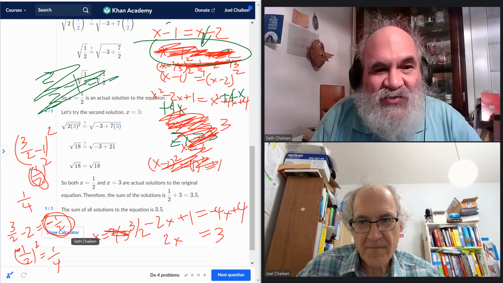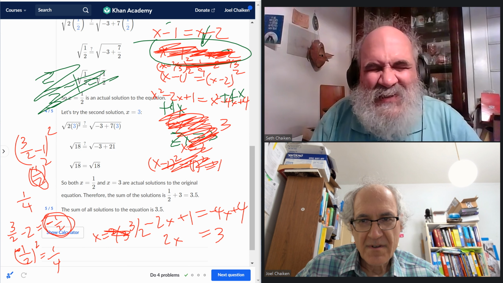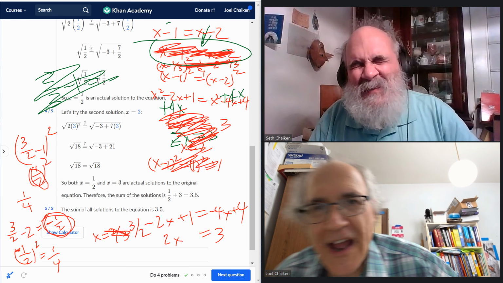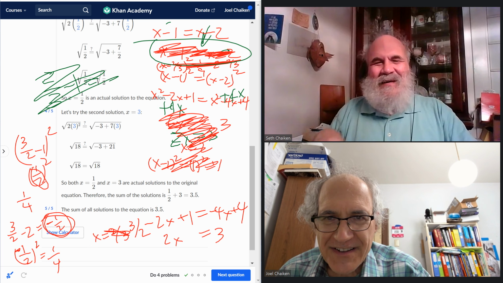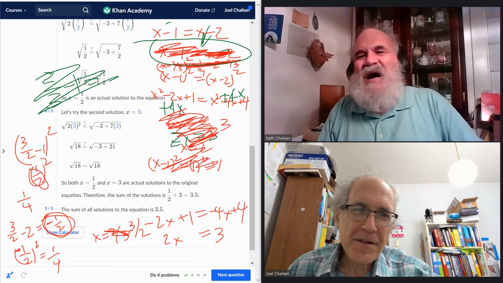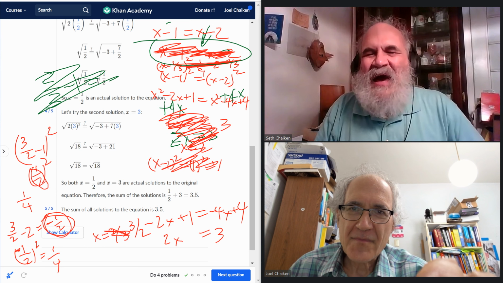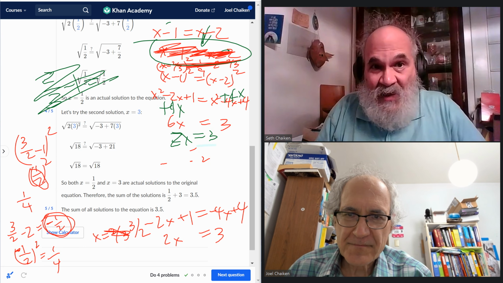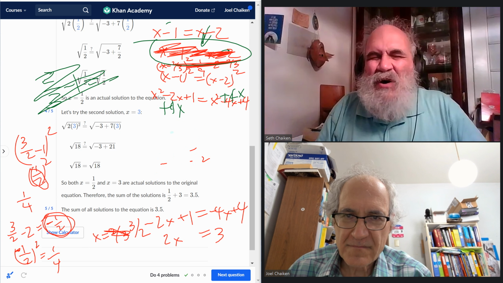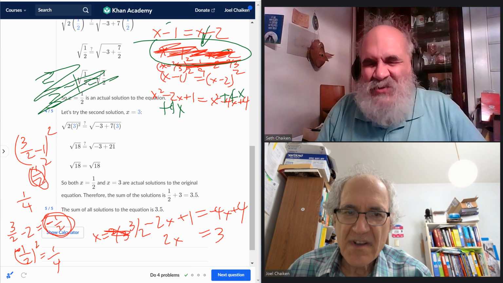When I squared the two of them, I got the same thing, a quarter. I'm just showing everybody how to make up an example where squaring both sides gives you one extraneous solution.